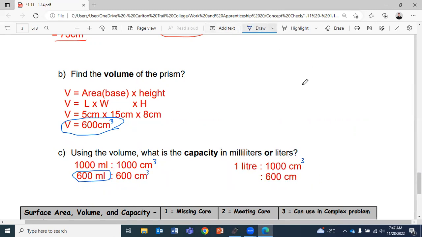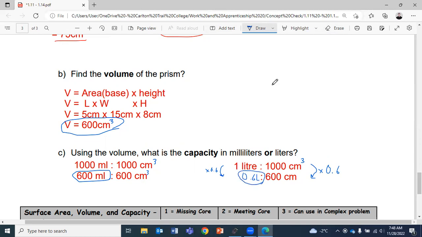All I did was I took this number and I times it by something to get 600. 600 divided by 1,000 is going to give me 0.6. So I take this number, I times it by 0.6. I end up getting 0.6 liters is my final answer here. So 0.6 liters. Either one of these answers is acceptable.